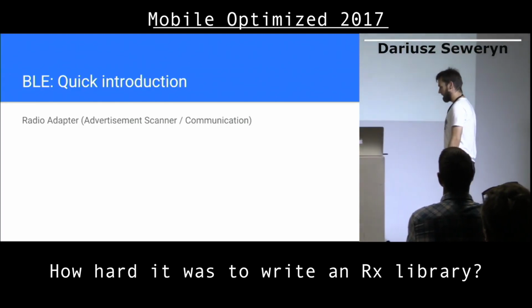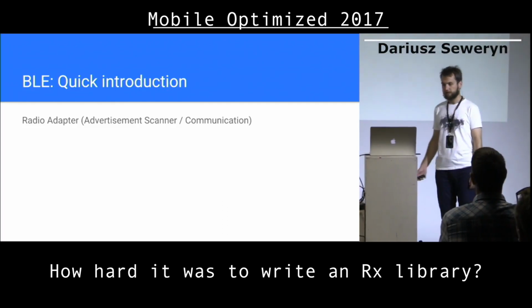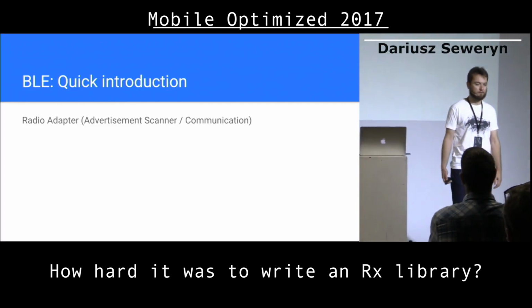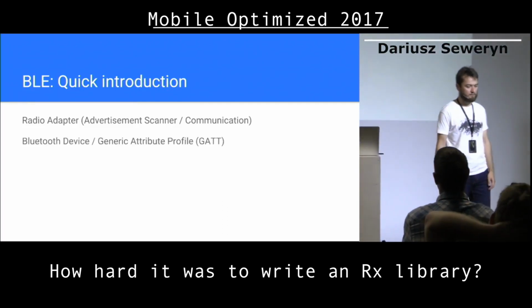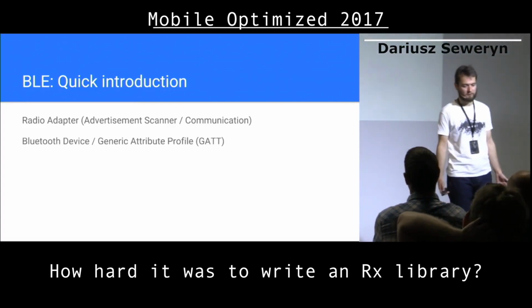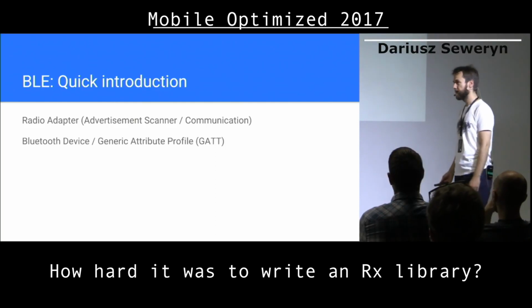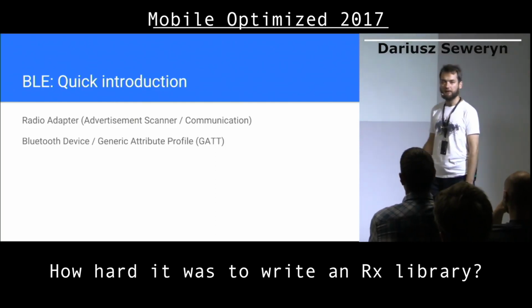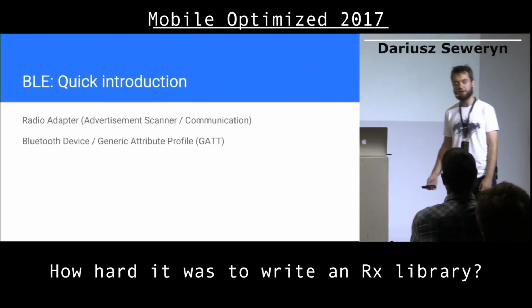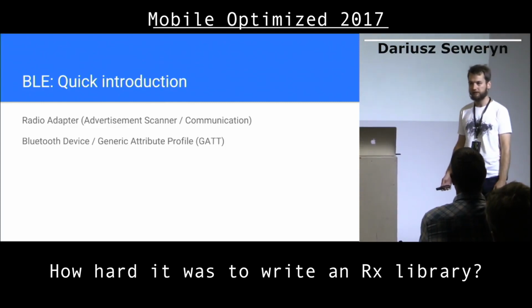And when discovering a device, there is of course a device in question, and this device is described with a generic attribute profile named GATT.